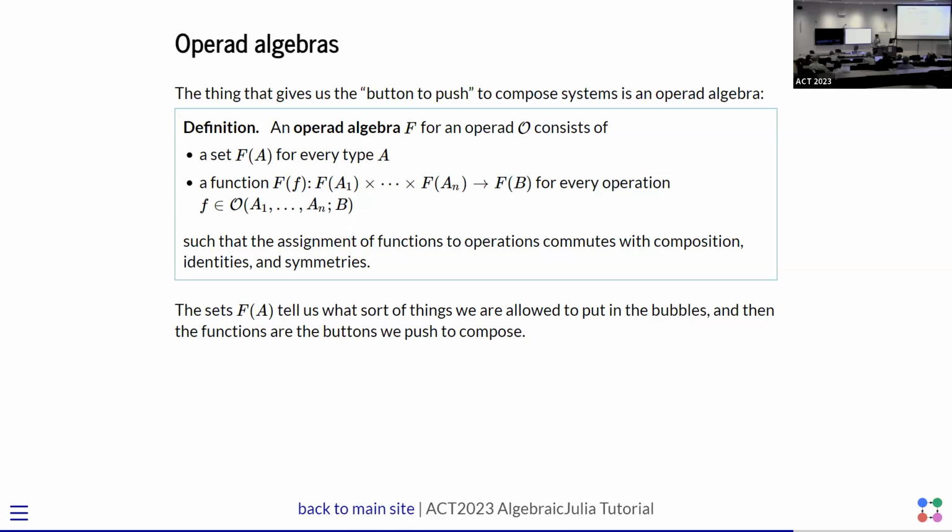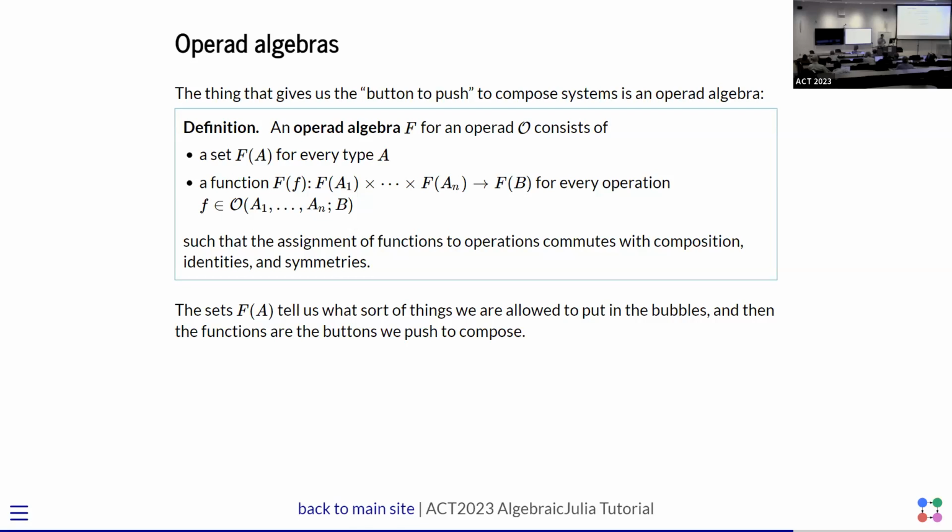So that's the data of an operad algebra. And then in order to actually be an algebra, this assignment of functions needs to be well behaved. It needs to preserve the composition and the identities and the symmetry operations that you have in an operad.